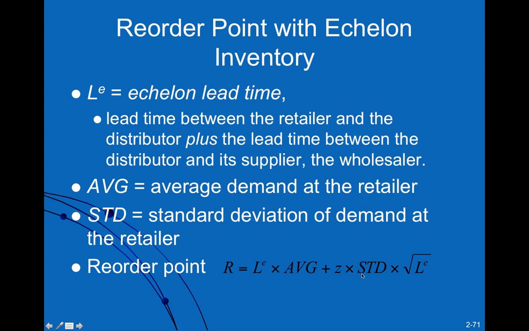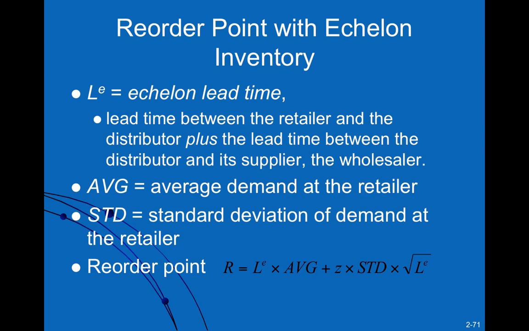So how do we calculate the expected demand during the lead time for a particular stage or particular echelon in the supply chain? The big difference really is this term you see here, LE. The echelon lead time is what we need to calculate, and the echelon lead time is really just the sum of all of the lead times from that stage.